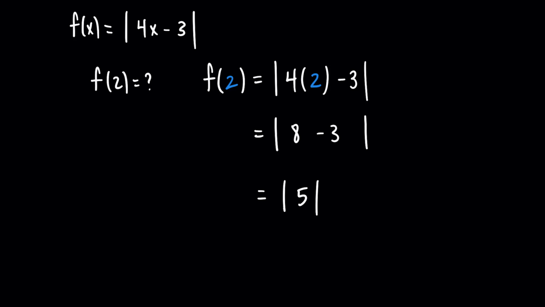Okay, and now just a quick reminder on the absolute value. All the absolute value does is it takes a number and makes it positive. If it's already positive, then it's positive, so it doesn't really change it. If the number happens to be negative, then it makes it positive. Okay, and I always thought when I first learned that, I was like, why would you ever have a function for that?